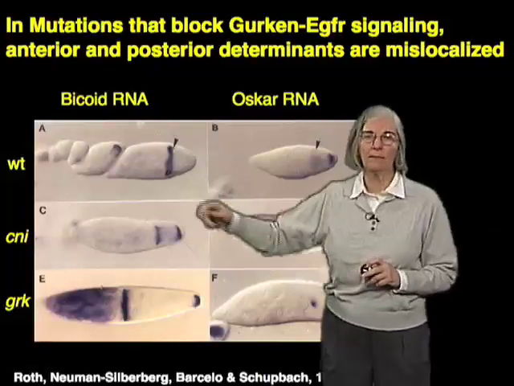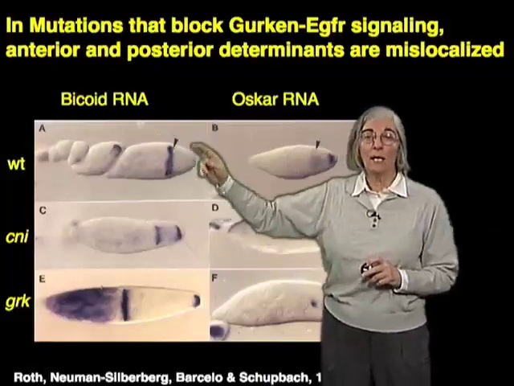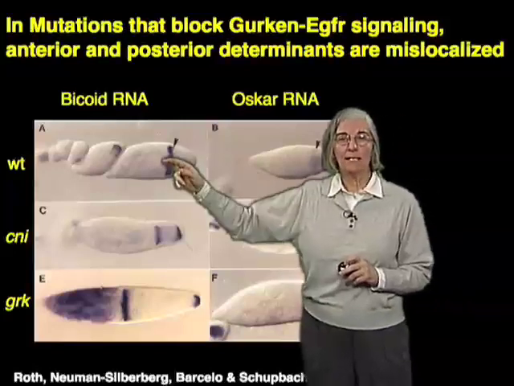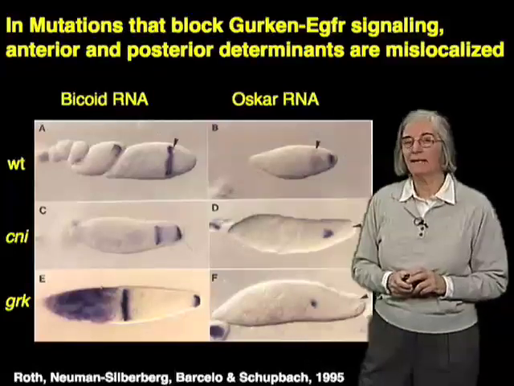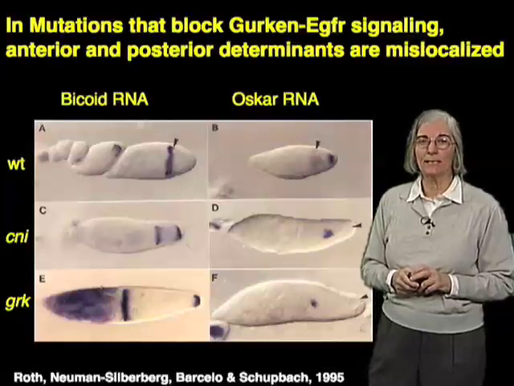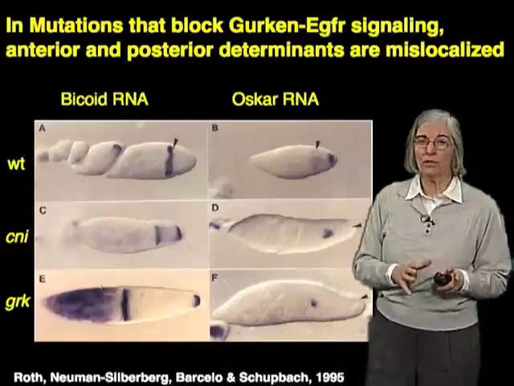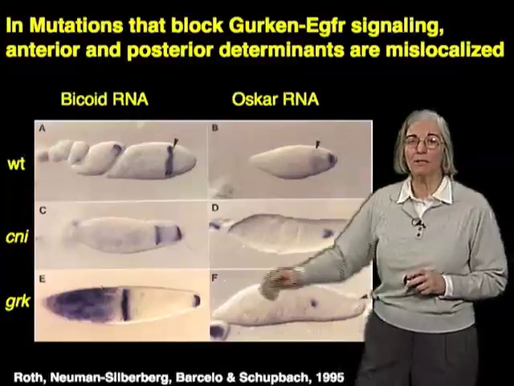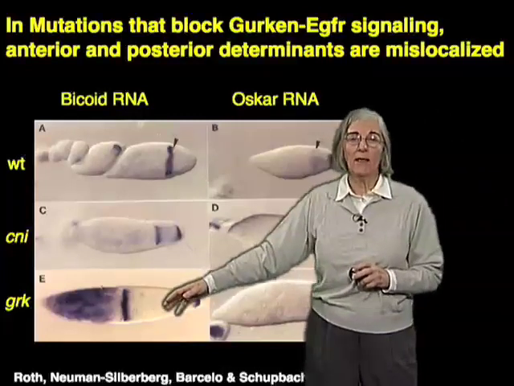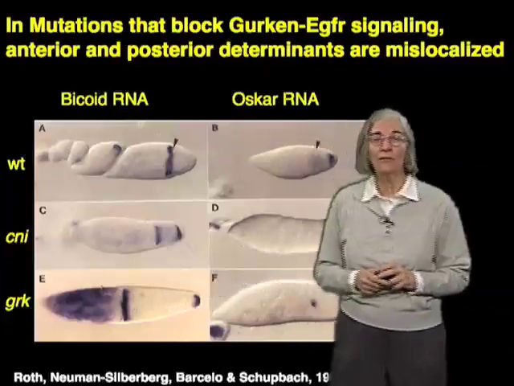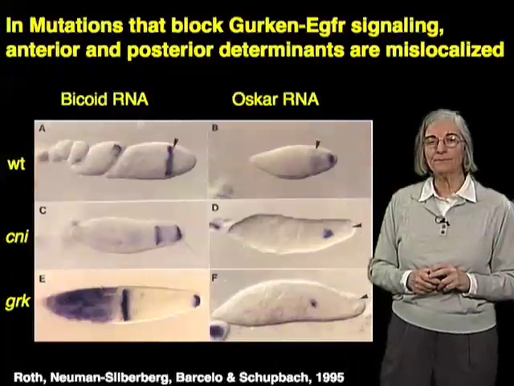So one very famous anteriorly localized RNA in oogenesis is the bicoid RNA, which you can see here in the wild type just accumulating at the anterior end of the oocyte. But in mutations in which Gurken EGF receptor signaling is blocked, you can see down here that now the bicoid RNA is found both at the anterior and the posterior end.